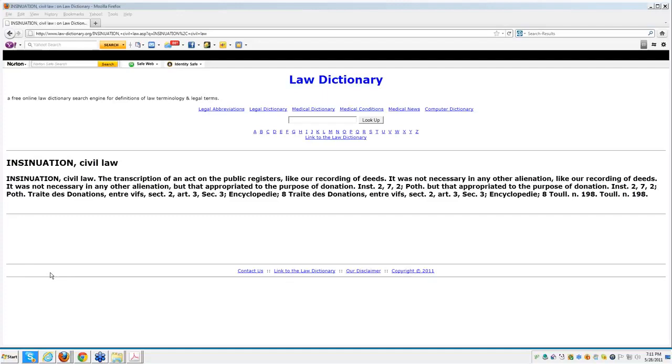Institutes 272, I think that's what that says. Pothier. You know who Pothier was? No. He wrote in Rome. He was a Roman scholar who taught that institutes means institutes of law. So that would be Institutes 272.